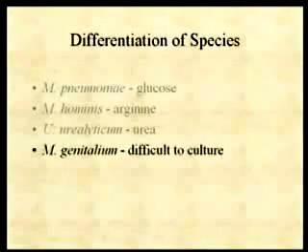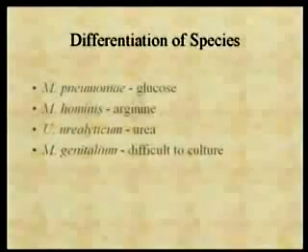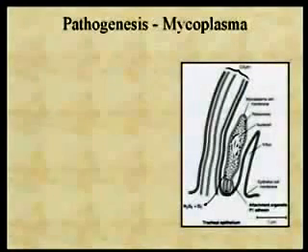Now, I don't expect you to remember which species goes with which carbon source. Just keep in mind that the lab can distinguish these things for you based on their growth requirements. You don't need to worry about the specifics of which one grows on arginine, which one grows on glucose, and so on.